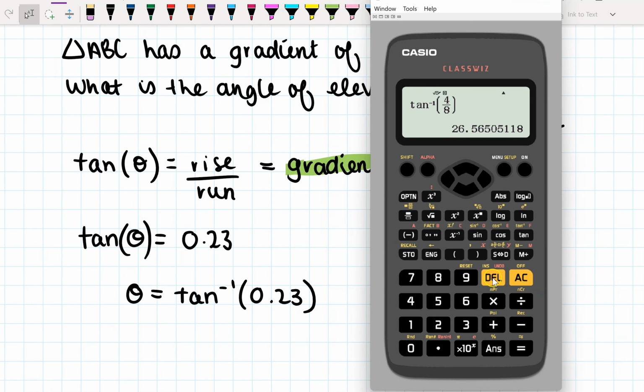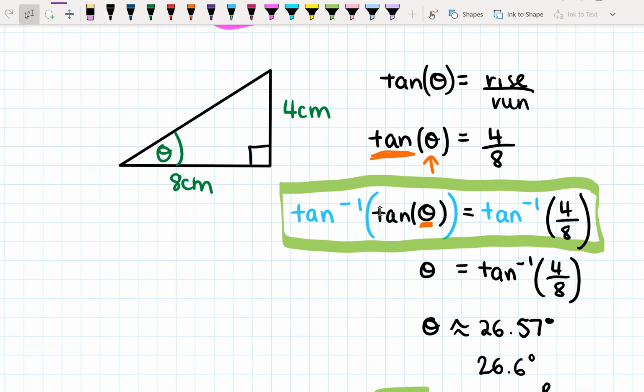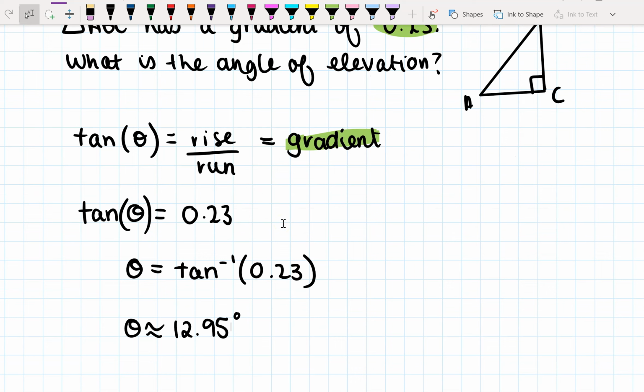We type in the inverse tan of 0.23, close brackets, is equal to 12.95. So theta is approximately equal to 12.95, and don't forget this is degrees. So guys, this is how you calculate an angle of elevation when you know either the gradient or both the rise and the run.